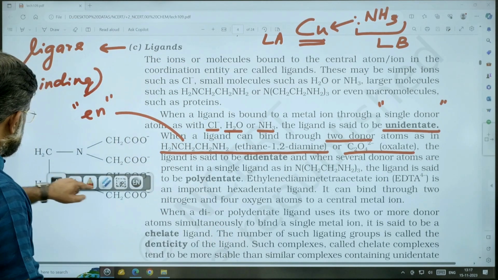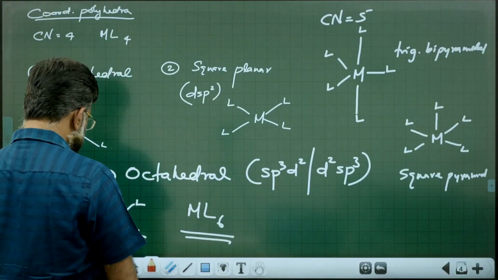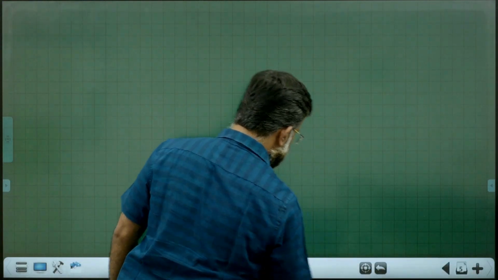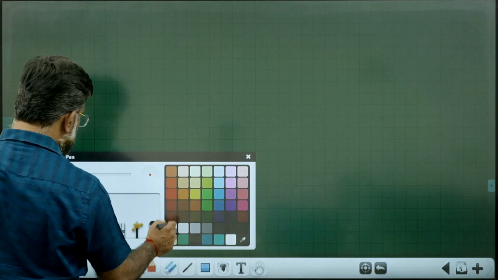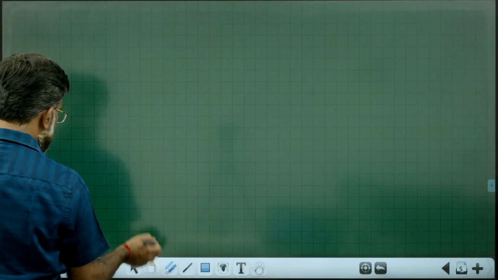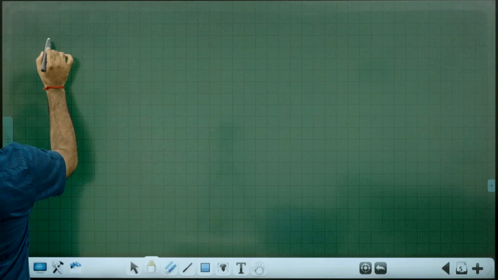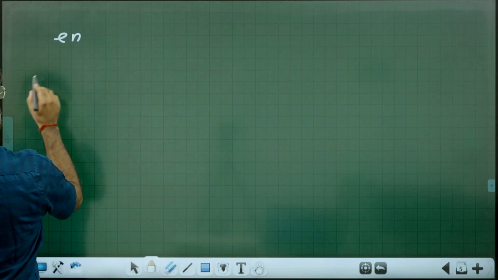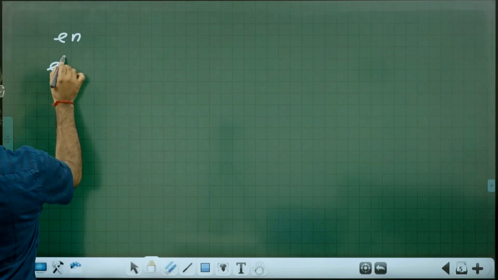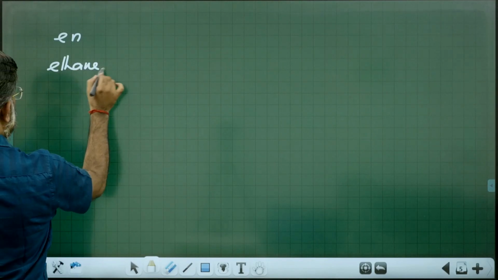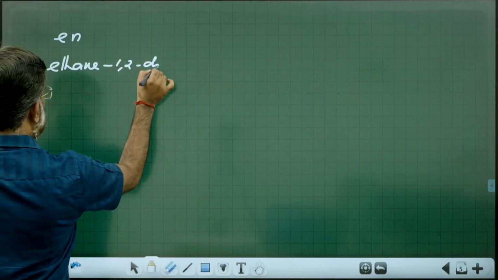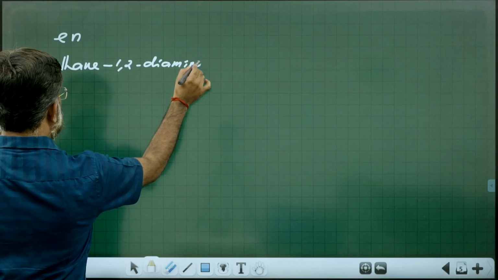Let us analyze the nature of those two ligands. Didentate ligands, very popular ones, EN and oxalato. EN means ethane 1,2-diamine.